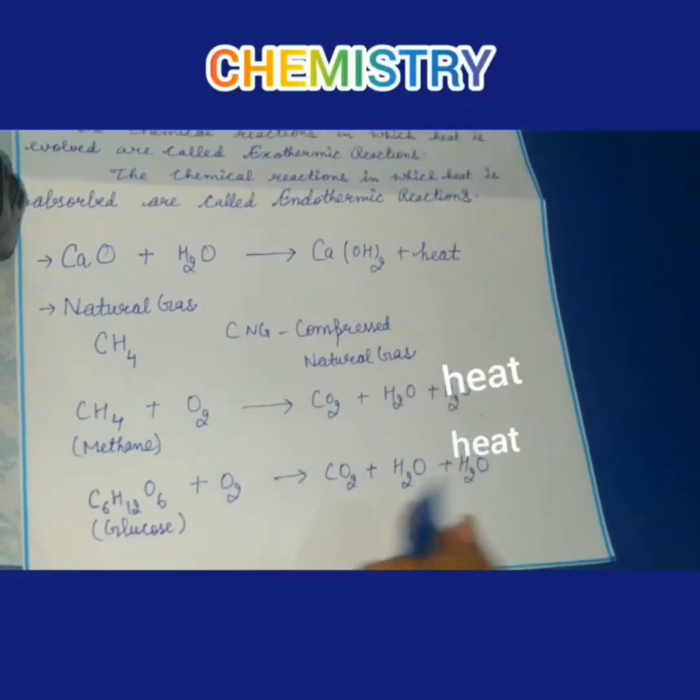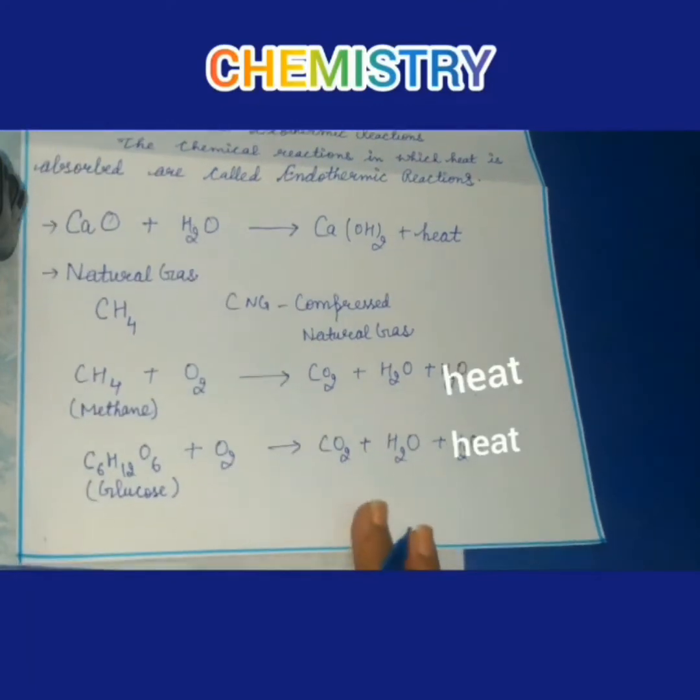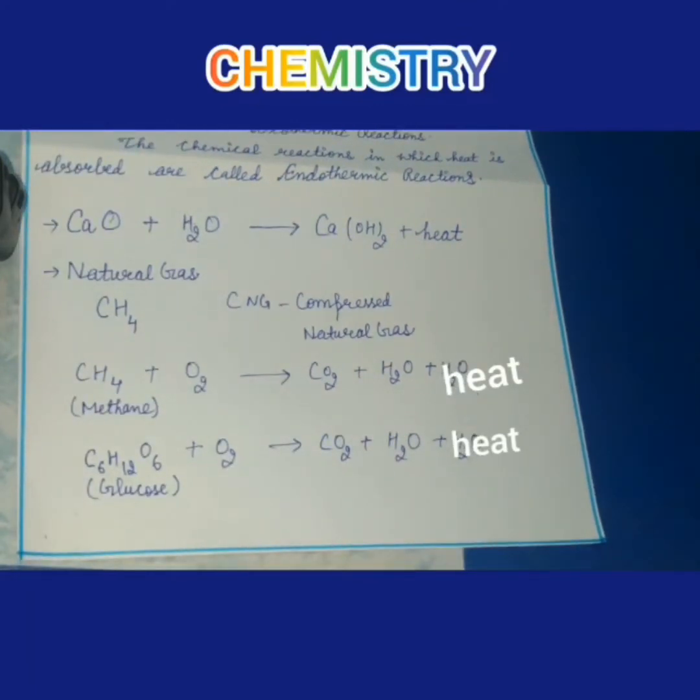And because of this heat energy we work daily. Because when glucose gets oxidized, energy is given out. So we work daily with this energy. Students, there is one more example of exothermic reaction, and that is decomposition of vegetable matter into compost.